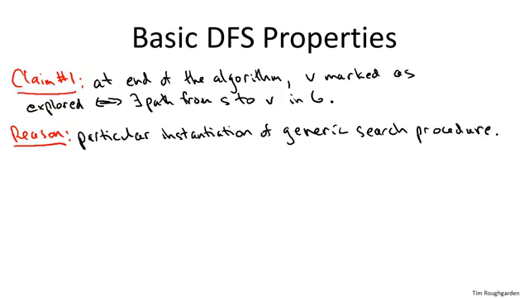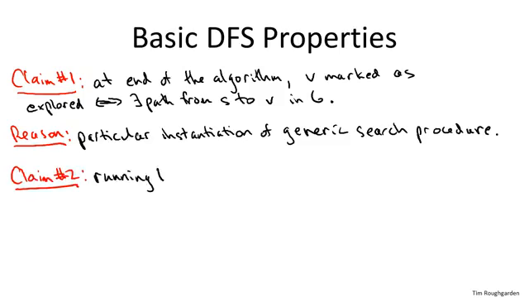And just like breadth-first search, the running time is going to be proportional to the size of the component that you're discovering. The basic reason is that each node is looked at only once. This Boolean makes sure that we don't ever explore a node more than once. And for each edge, we look at it at most twice, once from each endpoint.